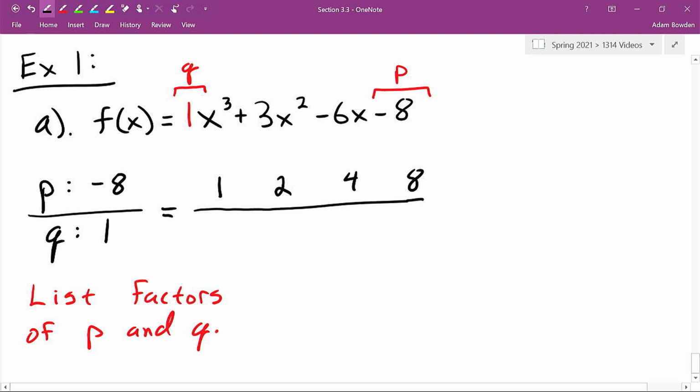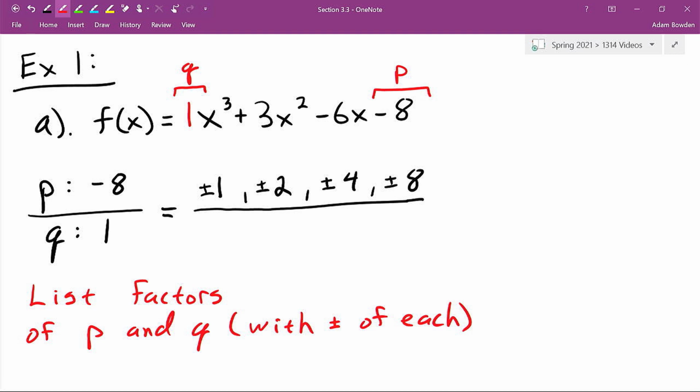For the rational zero theorem, we think of it both for the positive number and the negative number. So both plus or minus 1 is a factor, plus or minus 2, plus or minus 4, and plus or minus 8. So that now lists out the plus or minus factors of 8.